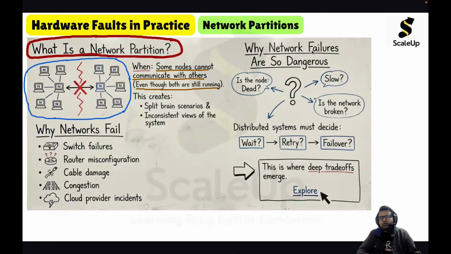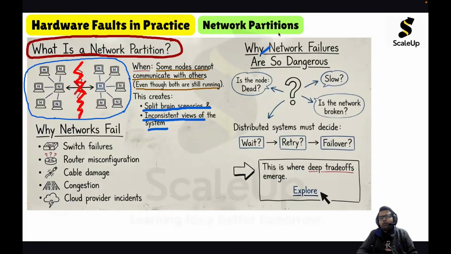Here we can see a partition wherein they are not able to communicate. All the nodes are running, but because a few nodes cannot communicate with each other, there is a break, a partition in the network. A network partition creates split brain scenarios, an inconsistent view of the system.